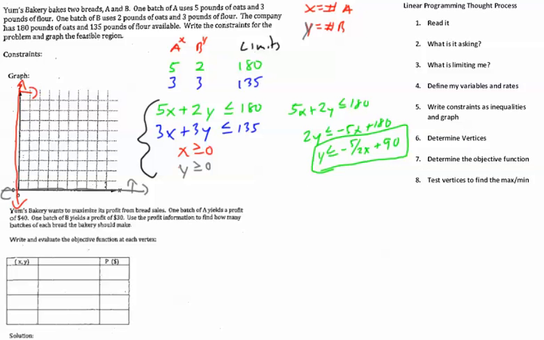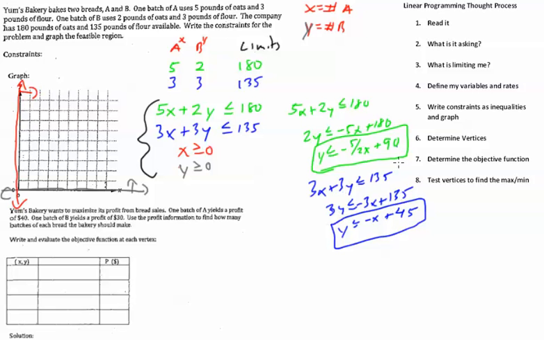In my flour constraint, I'm going to get 3x plus 3y less than or equal to 135. 3y is less than or equal to negative 3x plus 135. Y is less than or equal to negative x plus, see, 40 takes me to 120, and then 5 takes me the rest of the way, so I need 135 divided by 3, which is 45.